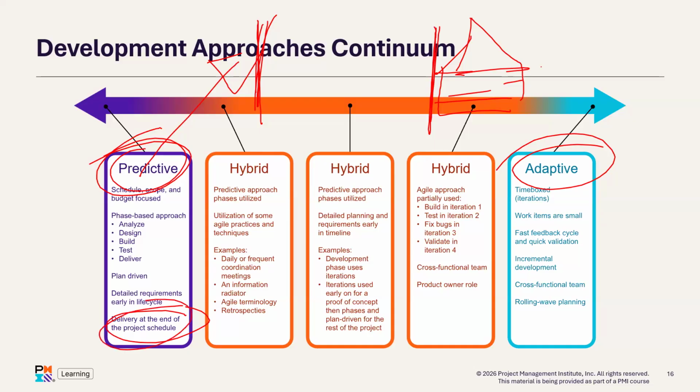Now let's talk of the adaptive approach, which is the far right. Work is done in iterations. So the backlogs are executed in short cycles called iterations, time boxes, or sprints. As we go along, I'll be elaborating the differences. So work items are small.